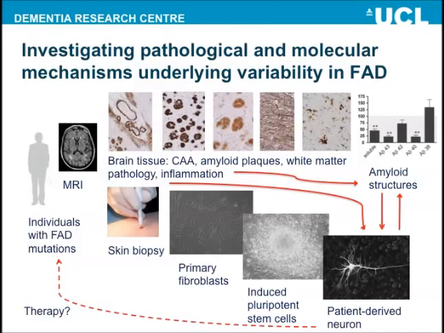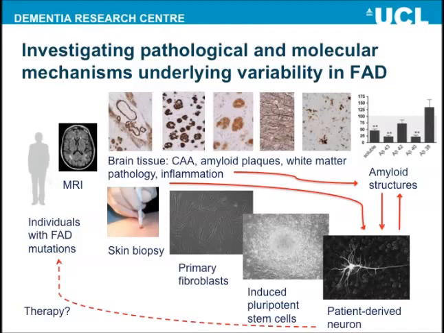So she does this incredible research from just a tiny skin biopsy taken at the upper arm of someone with a mutation. She's able to take those skin cells, primary fibroblasts, by growing them in a special soup, and turn them back into the pluripotent stem cells that could have become any cell type in the body. And then by growing them in a different type of soup, turn them into neurons, so that the actual brain cells that she can then study.